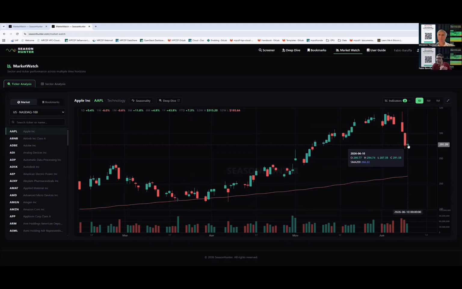You can control the maximum loss with options. For example, if you open a bull put spread, you know that the maximum loss is the difference between the two legs that you are building. It could be like 10 points, $1,000, minus the credit that you receive for opening this bull spread, like $300, and the maximum loss you have is $700.